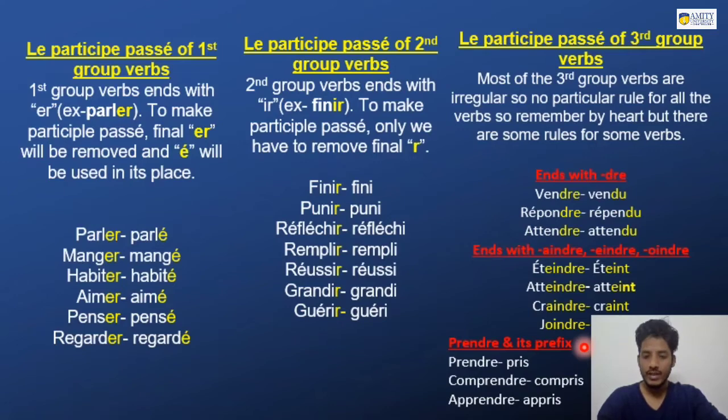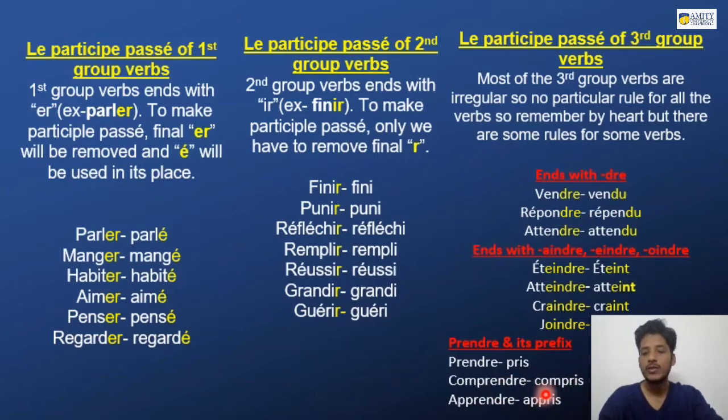Now, most important: if you see prendre or its prefix, then it doesn't follow this rule, DU or the other rule. In this case, prendre becomes pris. And its prefixes, for example COM, comprendre, comprendre: comp-ris.